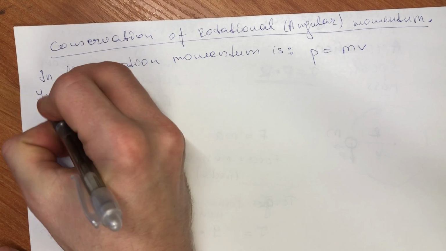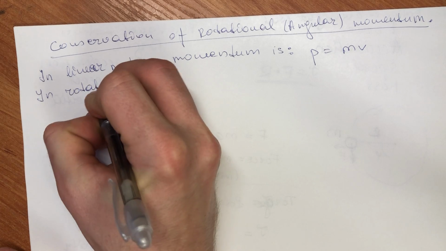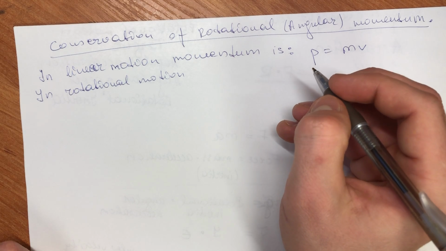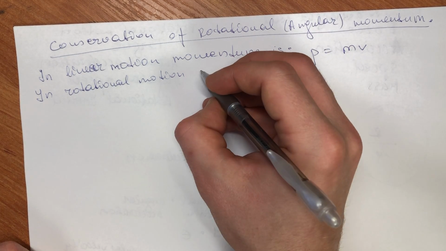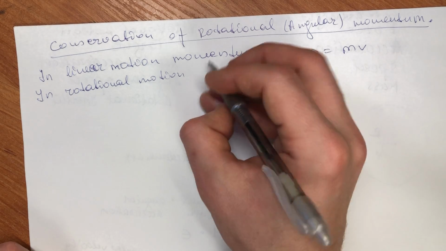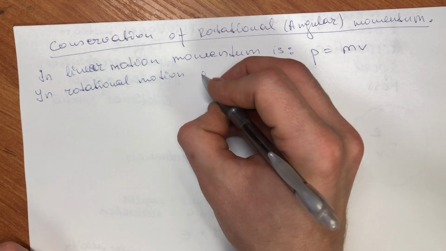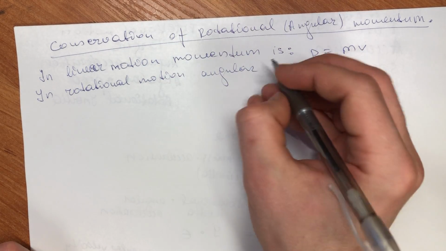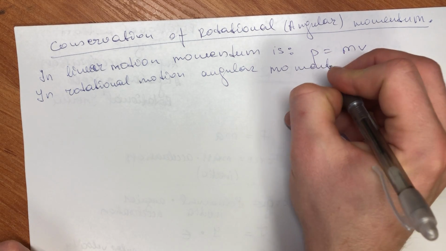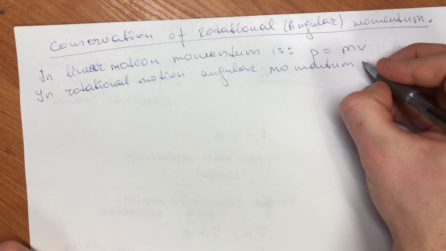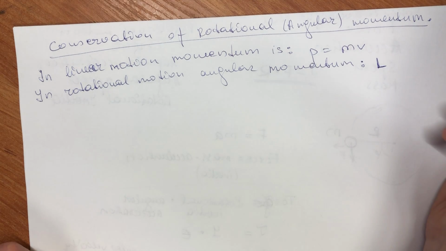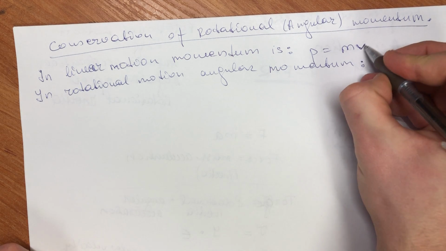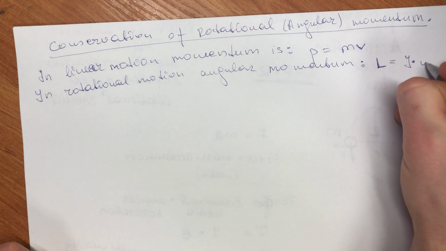Now in rotational motion, there is angular momentum. It is defined as capital L, and the equivalent of mass is rotational inertia, and the equivalent of speed is angular speed.